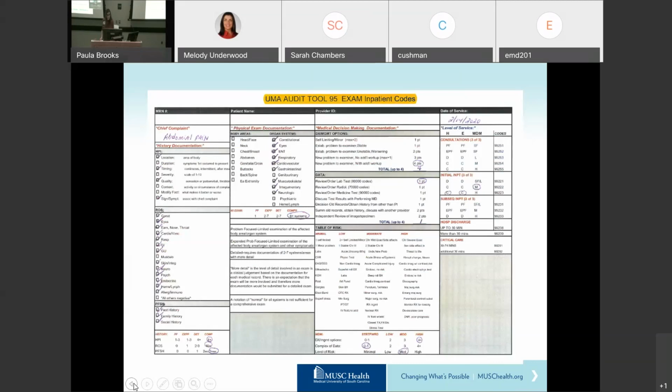So we could look at that this would fall into moderate, because we could say they had at least 2 stable chronic illnesses. We could look at it as maybe them having an acute illness with systemic issues, and we were providing prescription drug management. So as long as we have at least something in that area, in the moderate medical decision-making, that's where we're going to fall.